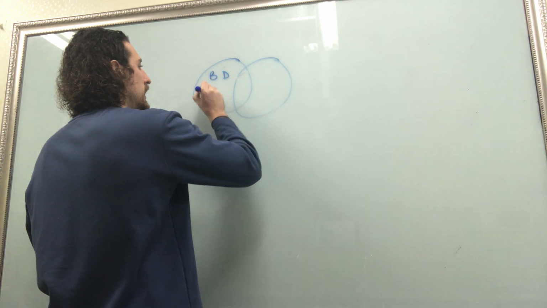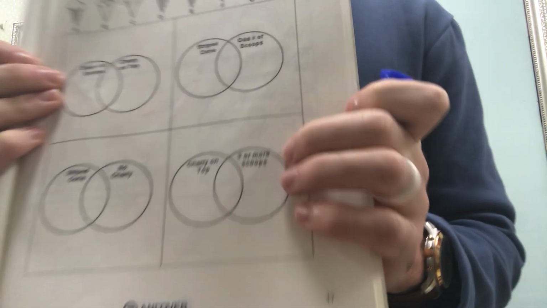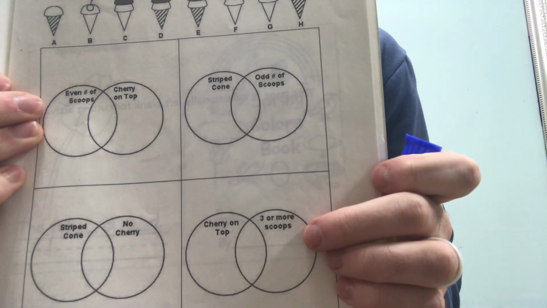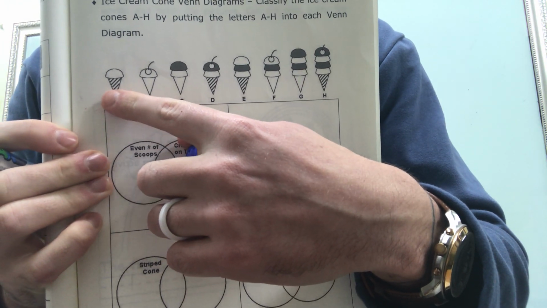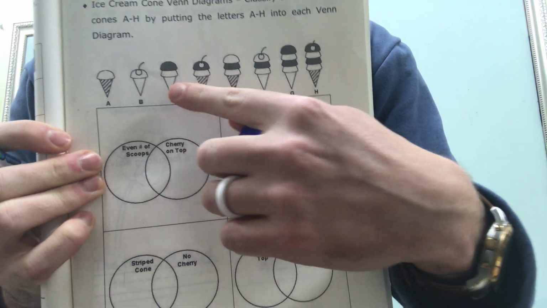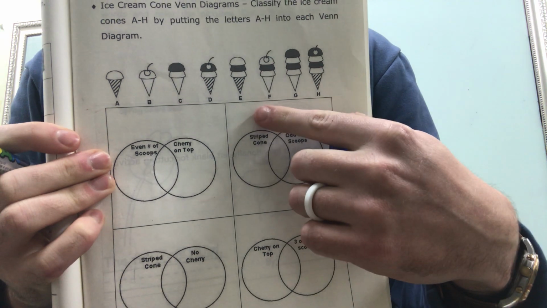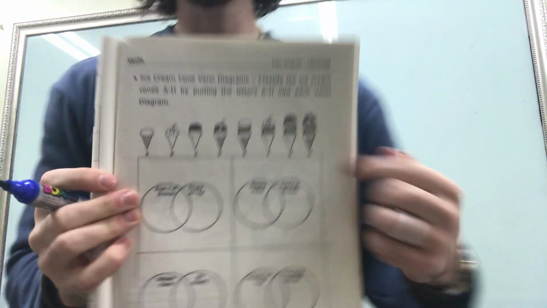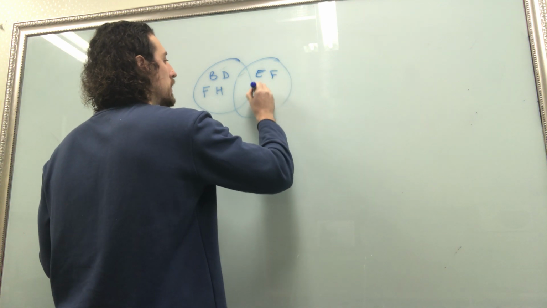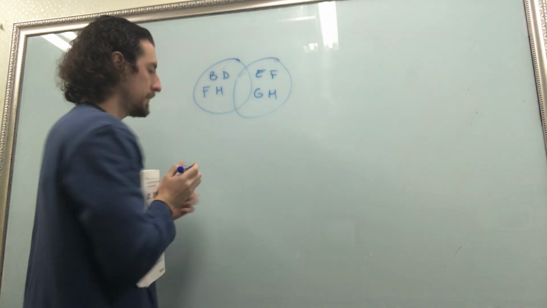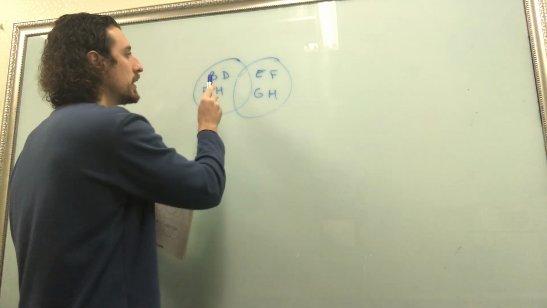Another one is 3 or more scoops. Well, let's check the scoops. So 3 or more. No, no, no, no, up. So E, F, G, and H. Now, let's take a look at which ones are on both sides.